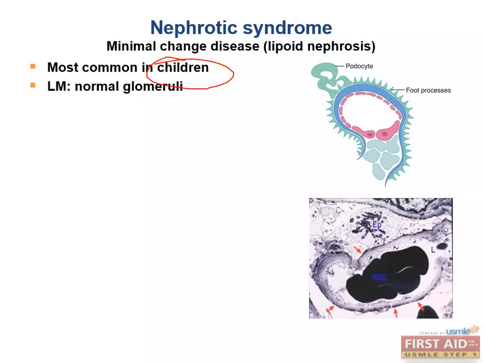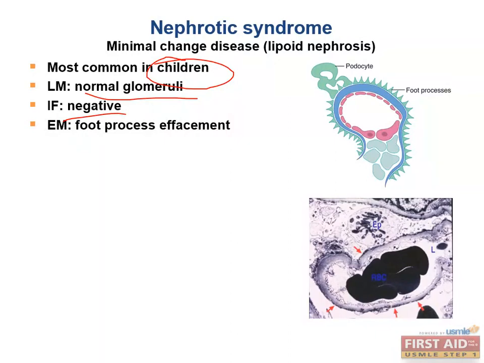No, the glomeruli are going to look normal, and that's why it's called minimal change disease. On immunofluorescence, it's also going to be normal. You're not going to see anything. But where there is an abnormality is on electron microscopy.